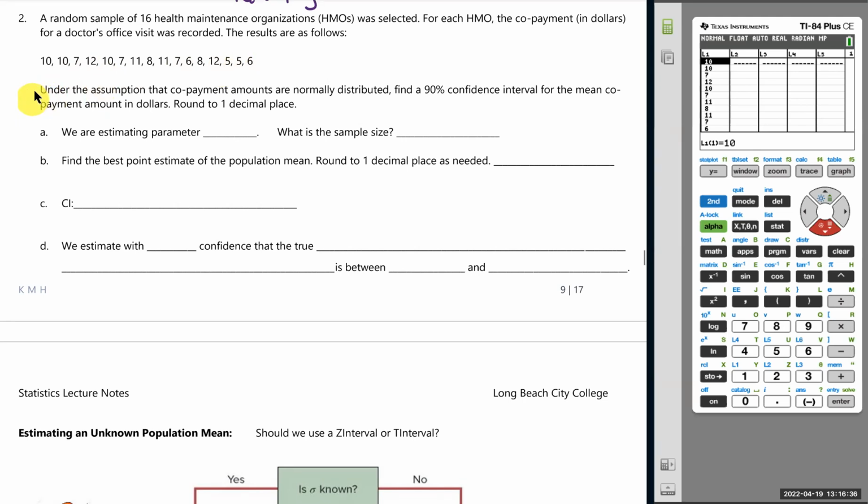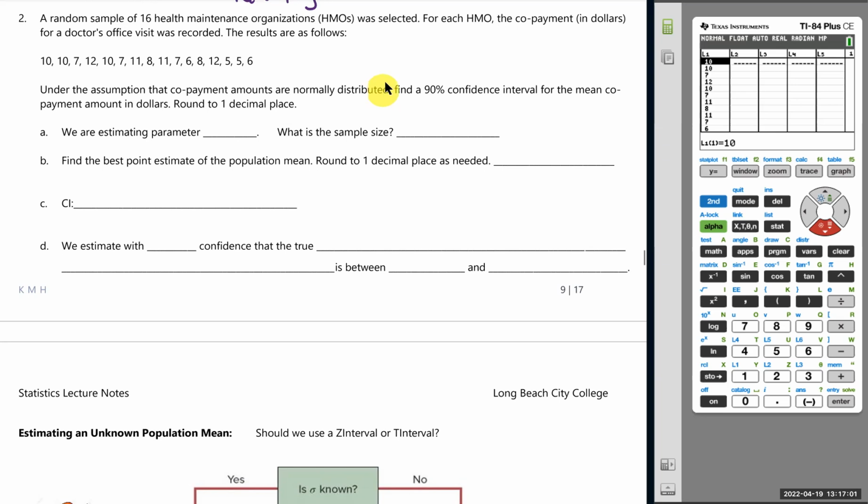Under the assumption that copayment amounts are normally distributed, this statement is required because the sample size is small. Anything under 30 is called a small sample size, and of course 16 is less than 30. So this is just a requirement in order to continue with either the Z or T interval.